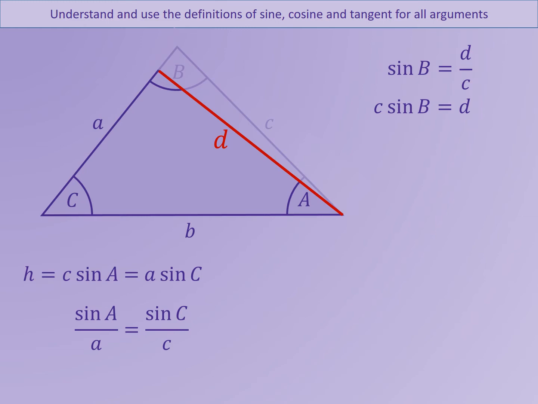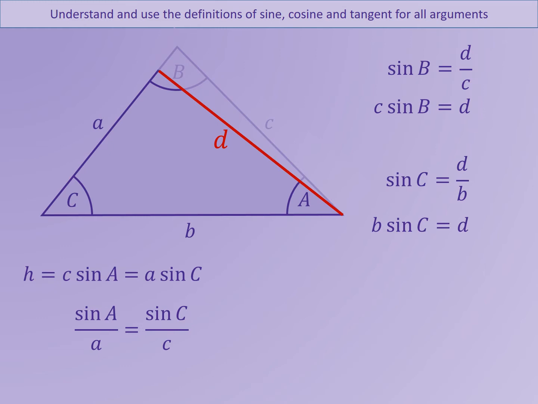If I take the other right angle triangle within this diagram, I can use SOHCAHTOA again to get a ratio for sine C. Sine C would be opposite over hypotenuse, which in this case would be d over b. Rearranging once again as before gives me b sine C equals d.